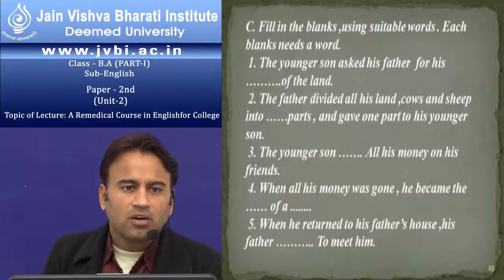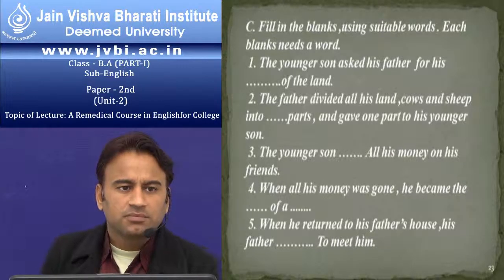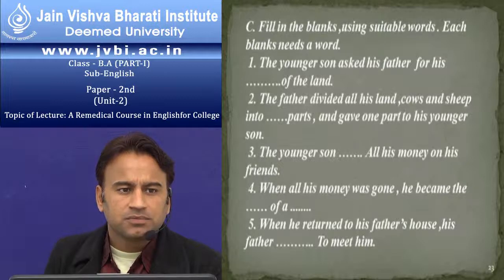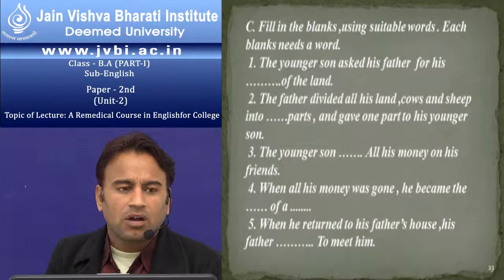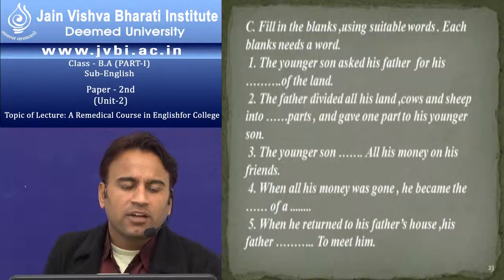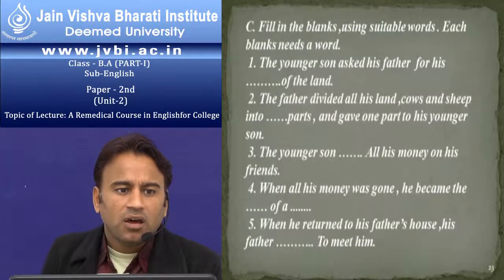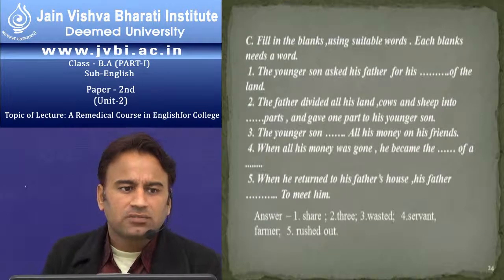The father divided all his land, cows and sheep into 3 parts and gave one part to his younger son. The younger son spent all his money on his friends. When all his money was gone, he became poor and worked for someone there. When he returned to his father's house, his father to meet him.